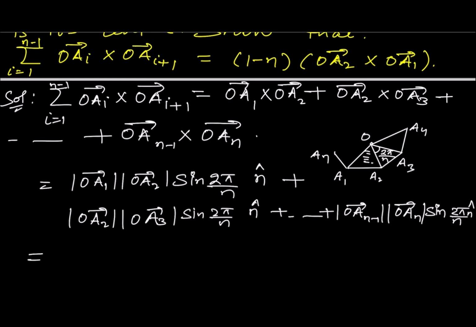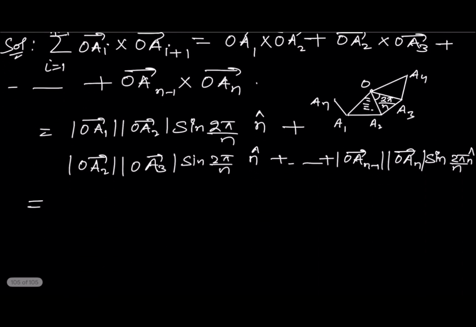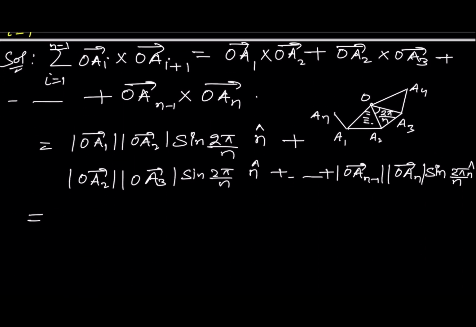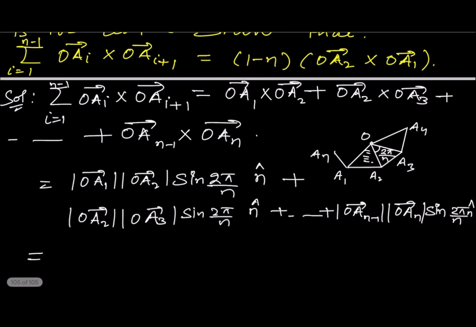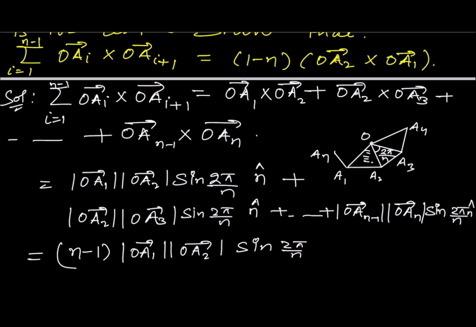So as the polygon is regular, all sides are equal. How many terms are there? n minus 1 terms, because if I go from OA1 to n minus 1, I will cover n minus 1 terms. So this whole thing can be written as n minus 1 times mod of OA1 vector into OA2 vector sine 2 pi by n into n cap.